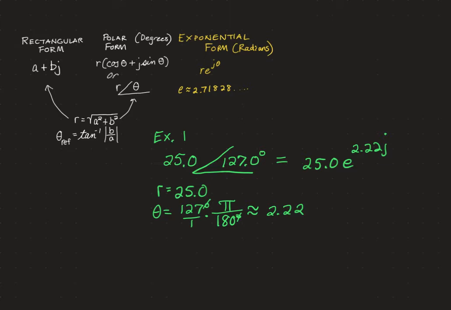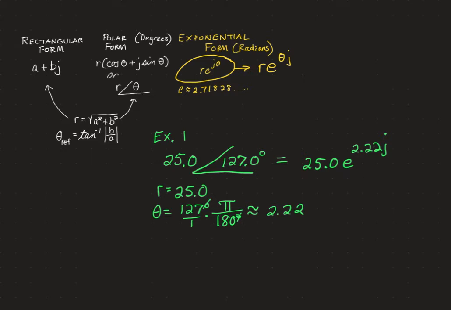So although your textbook gives you the formula in this form, I would suggest that you use the equivalent formula, r times e to the theta j, so that you remember to write the j following the coefficient when you get down to this final answer, when you're actually approximating a complex number in exponential form.